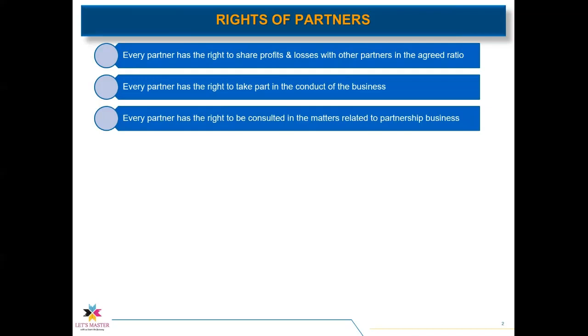Every partner has the right to be consulted in matters related to the partnership firm. All the partners should be consulted while taking important decisions in regard to the business.